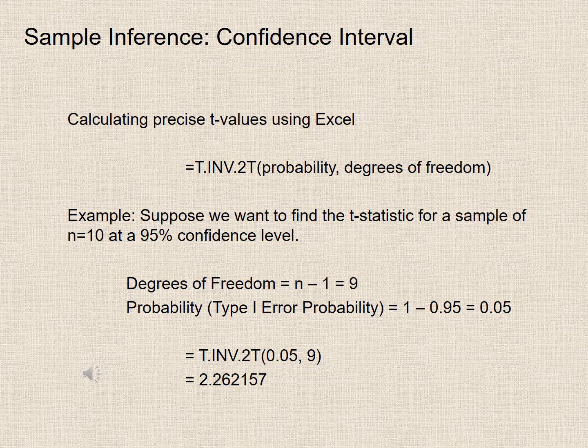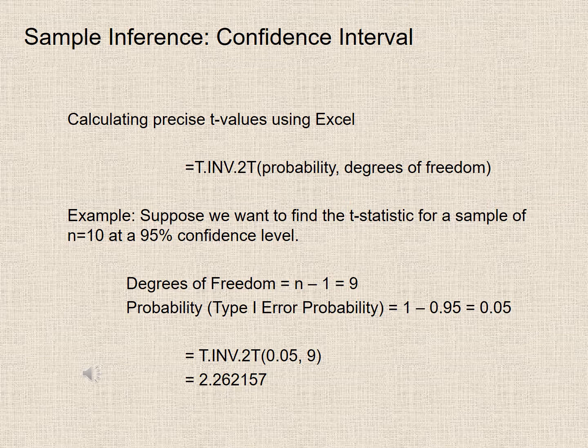If, for example, we needed to find the t-statistic for a sample of n equals 10 at a 95% confidence level, our degrees of freedom would equal little n minus 1, or 9, and the probability needed for this function is the type 1 error probability, which is the probability of the value falling outside of our range of confidence.